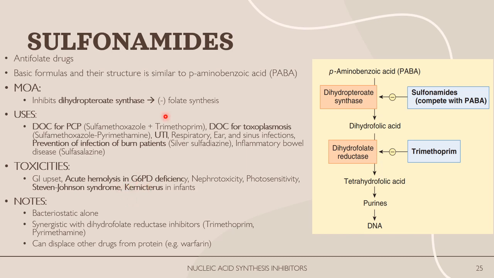So when you give sulfonamides and other sulfa-containing drugs in patients with G6PD, okay, they are prone to hemolysis. That is why they are contraindicated. So be careful in dispensing drugs that are contraindicated in G6PD deficiency patients.